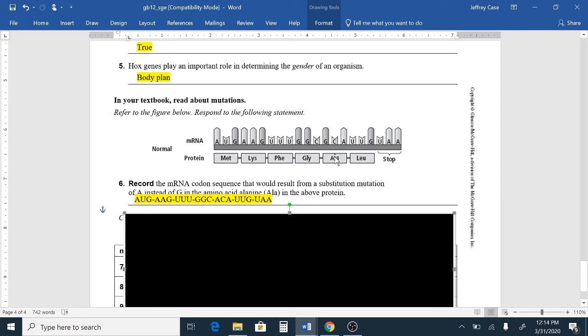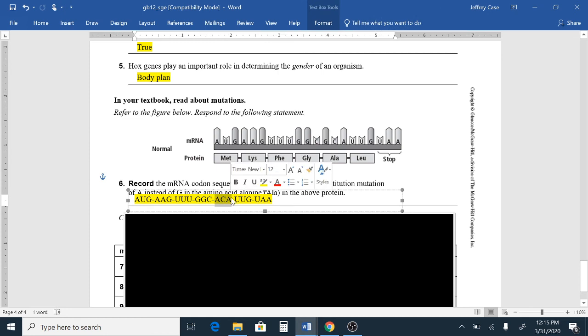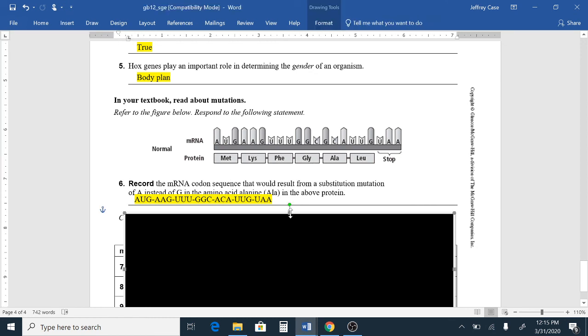It says there should be an A instead of a G. Everything prior to that is the same, and everything after that is also the same. The only thing changing is this G becoming an A. So it should say ACA instead of GCA. All right? That's all that is right there.